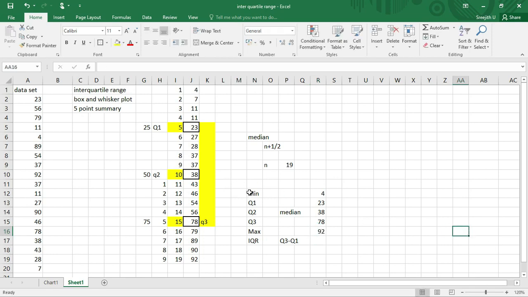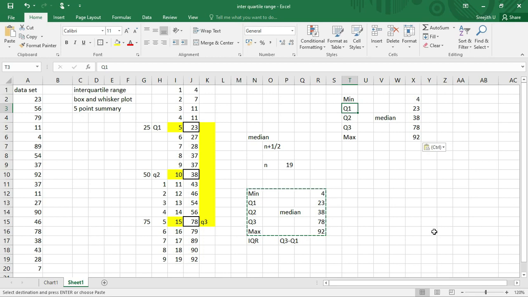Okay, so these 5 points together are called the 5-point summary. It gives you the minimum, the maximum, and shows Q1, Q2, Q3. So Q1, Q2, Q3 respectively divide it into 4 compartments.